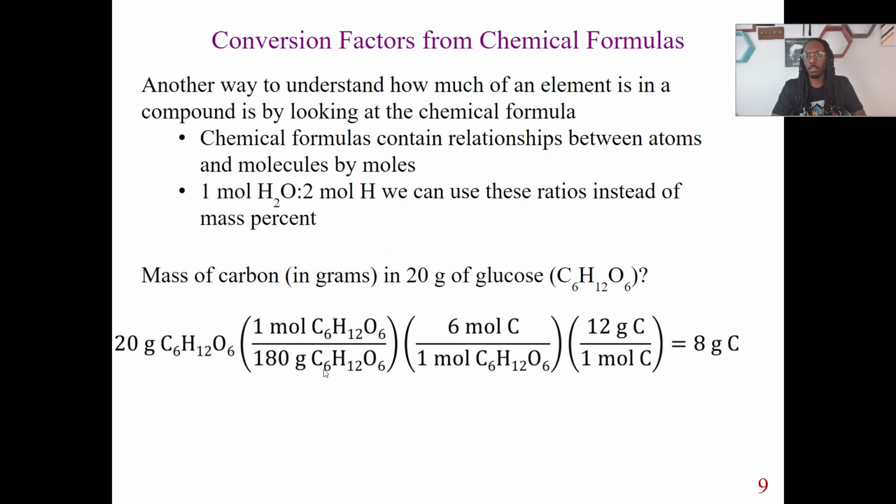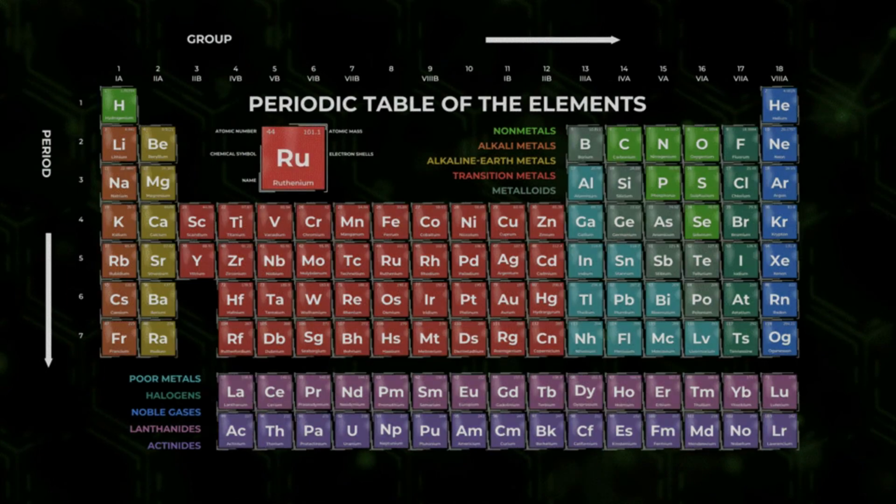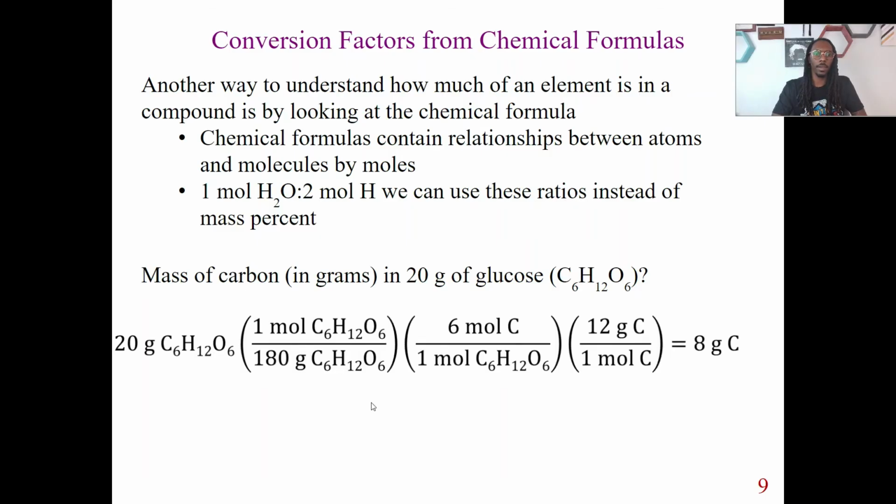All right, so 6 times 12, 72, plus 1 times 12. So we got 12 hydrogens, and we have a 1 here because we're looking at our periodic table again. There's a 1. All right, so that's 72 plus 16, right? Because that's our oxygen. And then we need to multiply this by 6 because we have 6 oxygens. And that will give me, right, 180 when we add our carbons, hydrogens, and oxygens together.